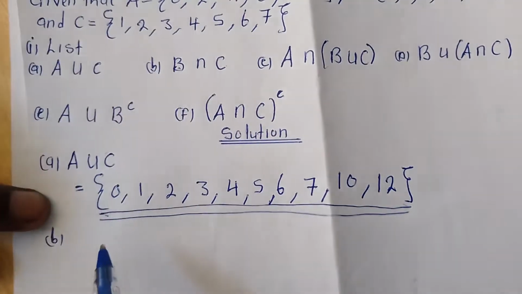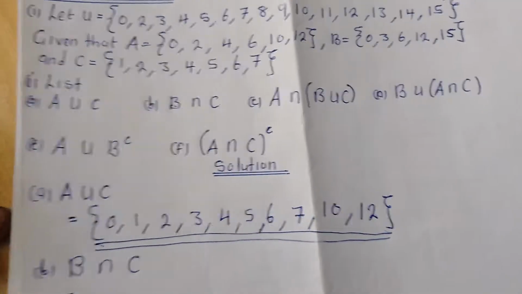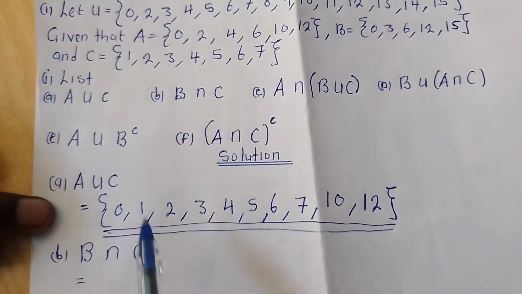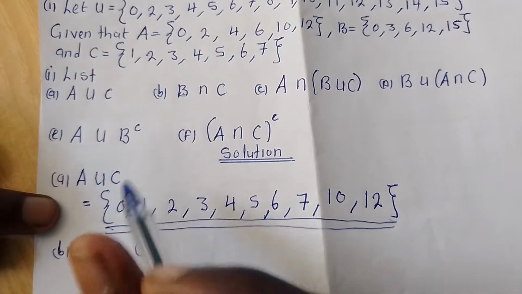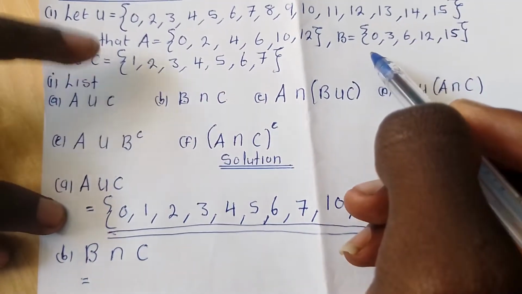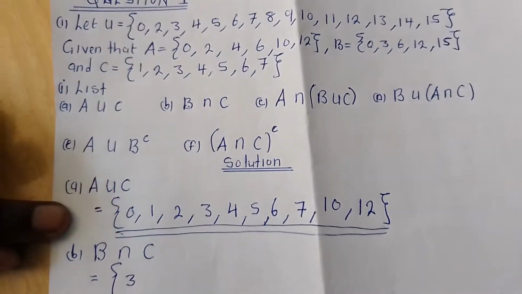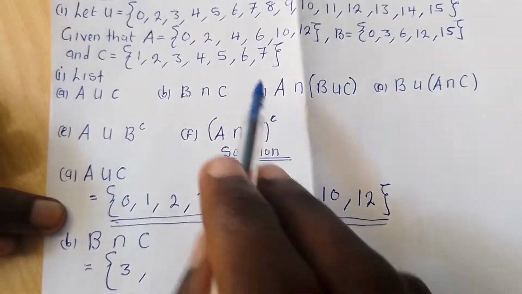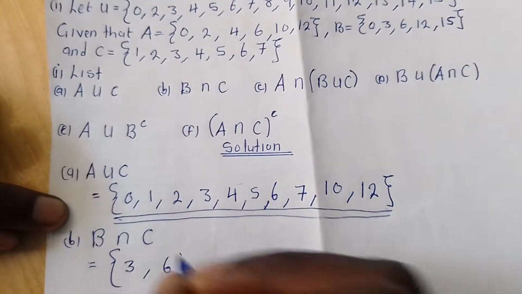Come to B intersection C. Intersection simply means we are fetching out whatever happens to be in B and at the same time in C. So in set B, we have 1, we don't have 1 in C. We have 2, we don't have 2 in C. We have 3, and in C we also have 3. 4, we don't have 4. 5, we don't have 5. 6, we do have 6 there.